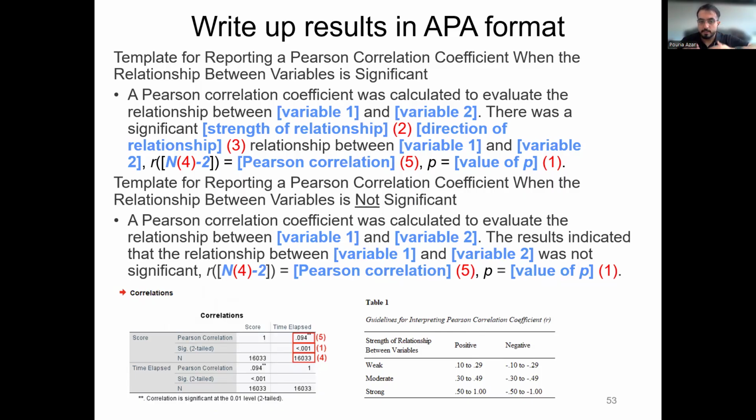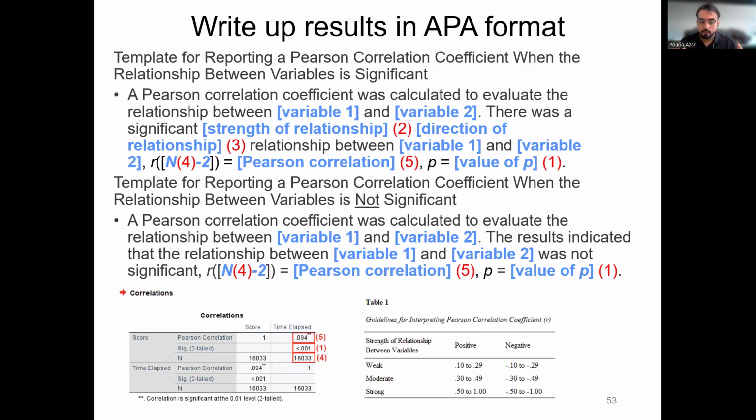If the relationship is not significant, you would say a Pearson correlation coefficient was calculated to evaluate the relationship between variable 1 and variable 2. The results indicated that the relationship between variable 1 and variable 2 was not significant. And then you will report rho and p-value.